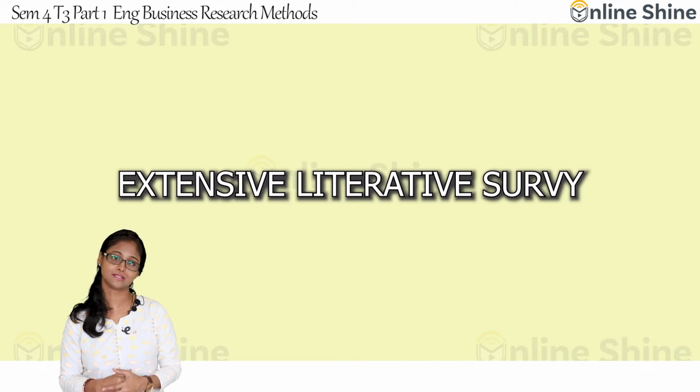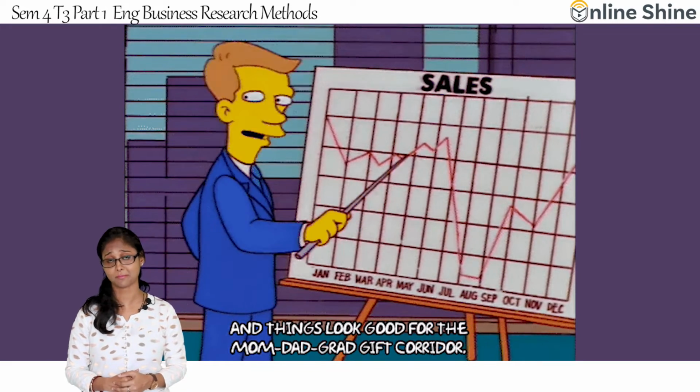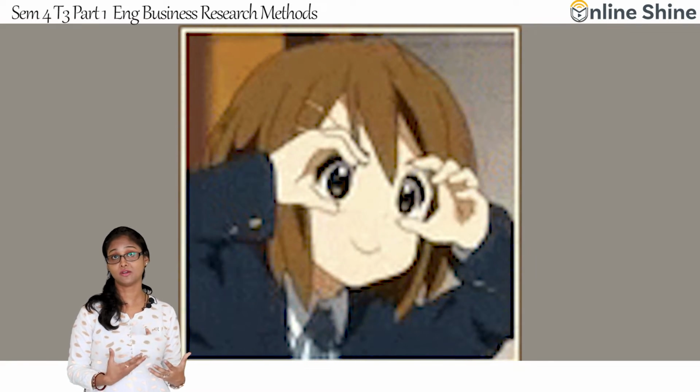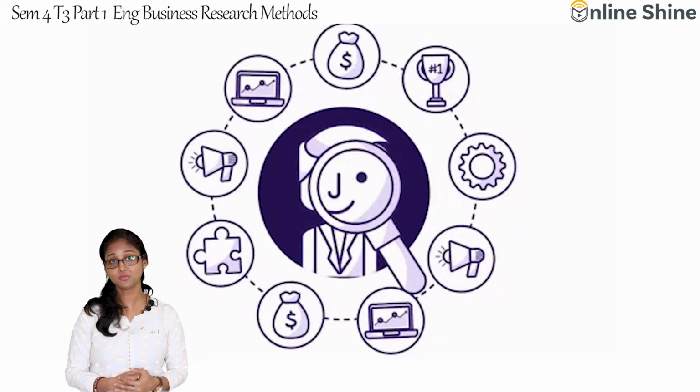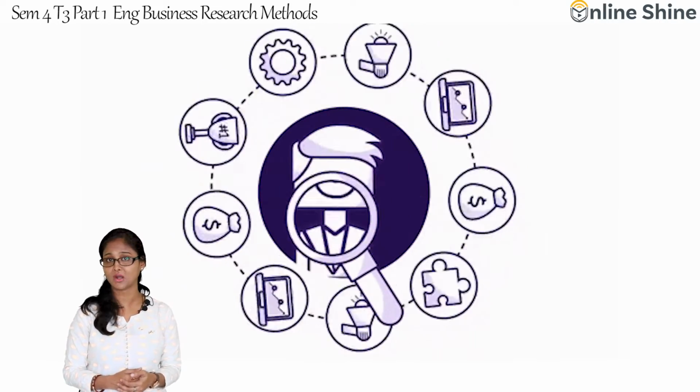That is called an extensive literature survey. What is the importance of this step? This step will give you the base for your research work. If you want to search for new things, to do something new and innovative, you have to find the base for it. That base we get from the review of literature.